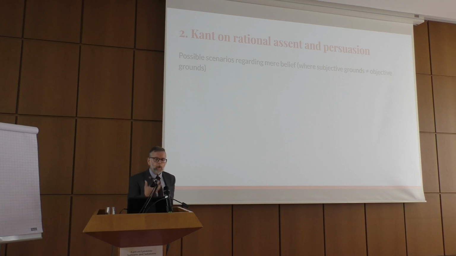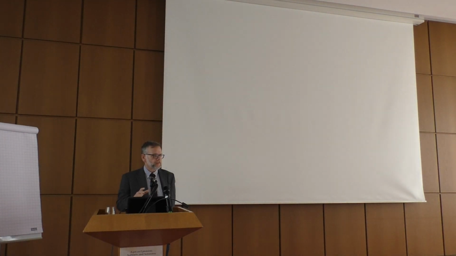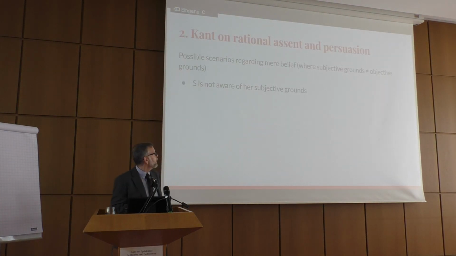So what I want to highlight a little bit here are possible scenarios regarding mere belief, right? So these are cases where the subjective grounds are not the same as the objective grounds, so that there's a difference there. I think this is background that might become relevant for the discussion later.